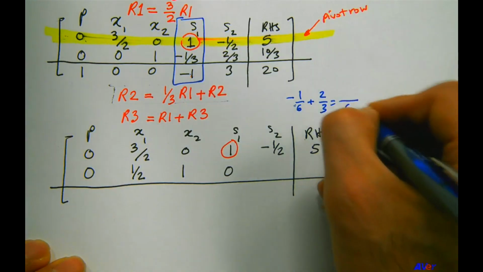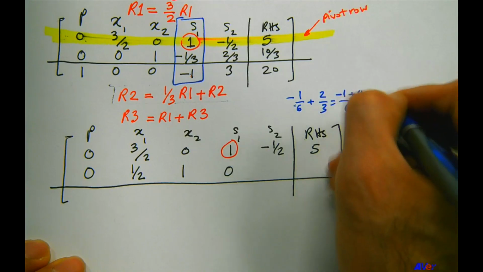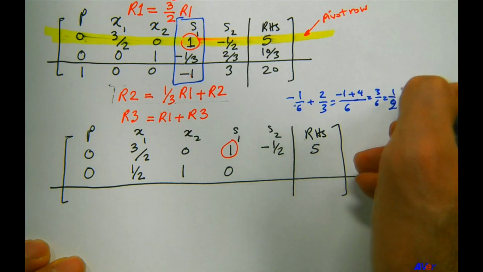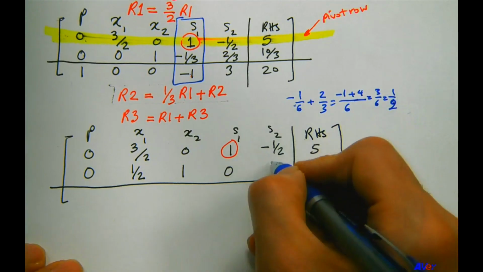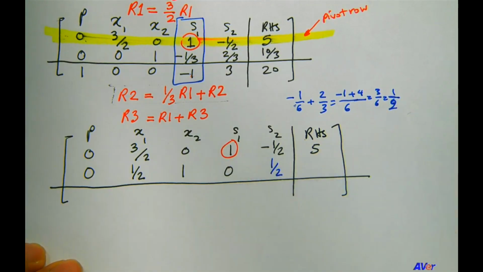Okay, so take the common denominator. We have negative 1 plus 4, 3/6, positive 1/2. So that 1/2 is going to end up here.